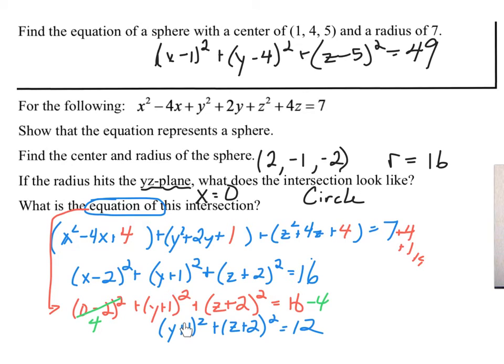And it should also make sense that the center of the circle would simply be the projection on the YZ plane. If I take the center of my sphere and slide it back to the YZ plane, it'll be the center of the circle. That's the intersection point. So we still have these points are important, and of course the radius must be smaller than the radius of the whole sphere.